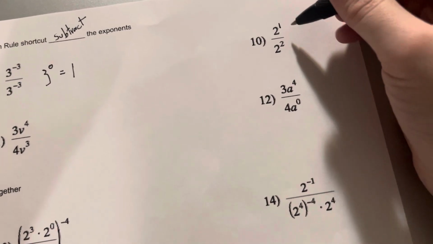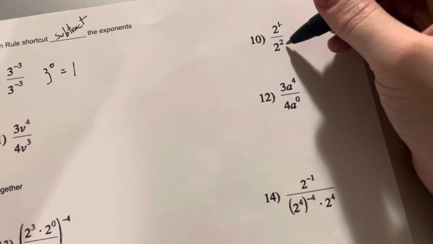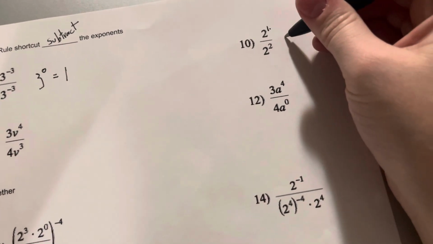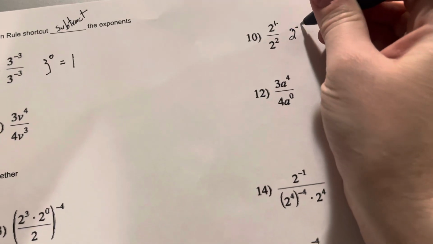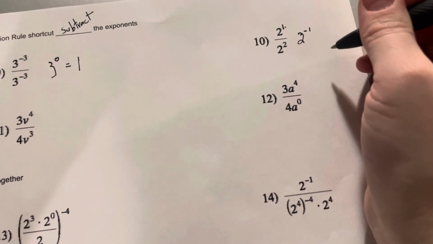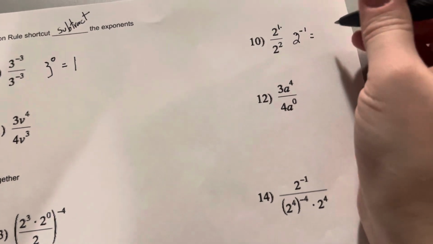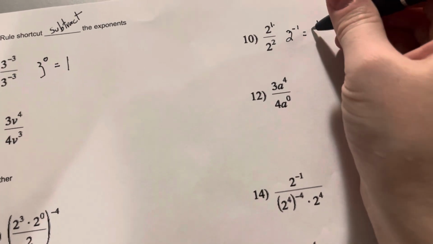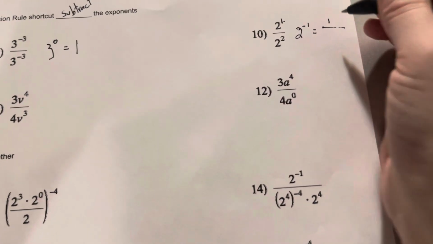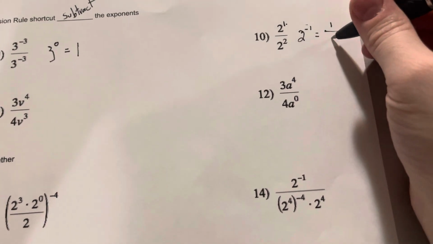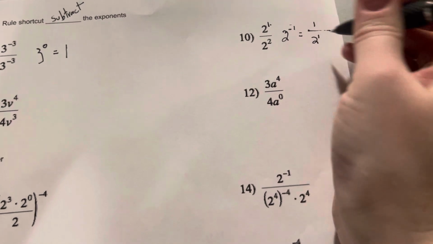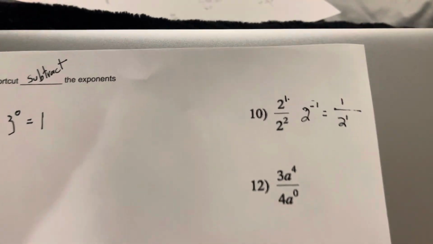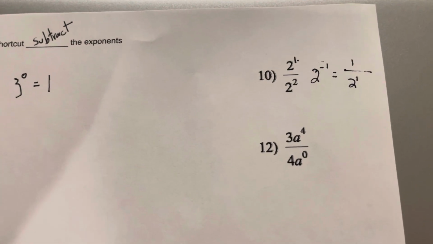And then we'll subtract. 1 minus 2 gives me -1. Because it's a -1, I have to rewrite it as a fraction with this on the bottom. There, all better. 1 over 2 to the first power.